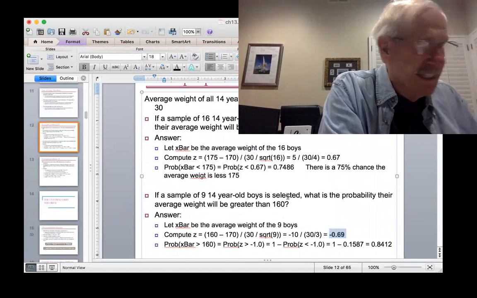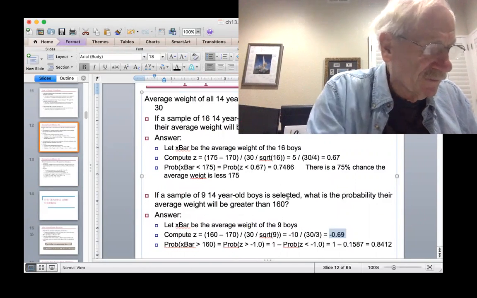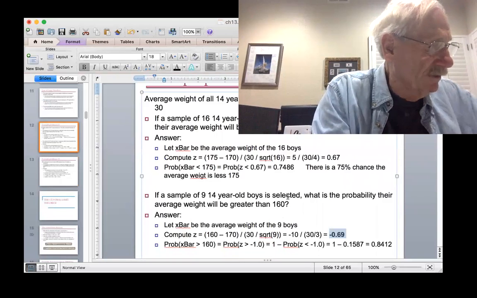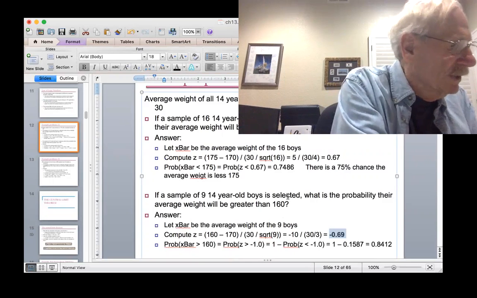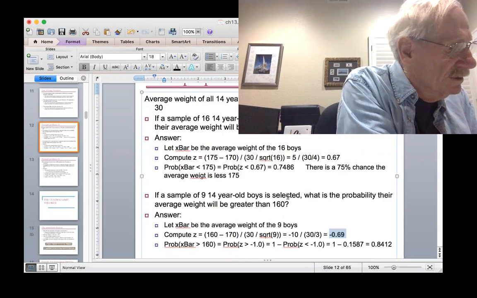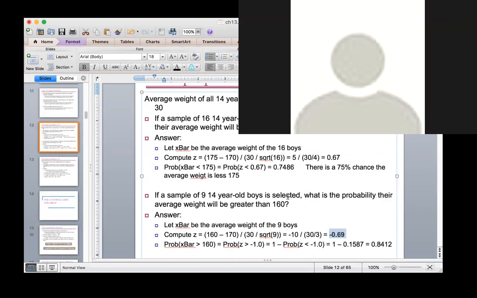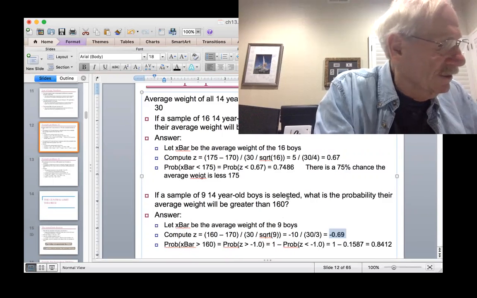You find this minus 0.6. The table's not here. Go find the table. Yes, here we go.